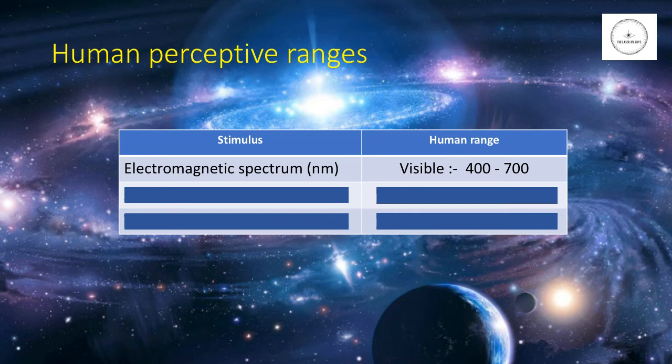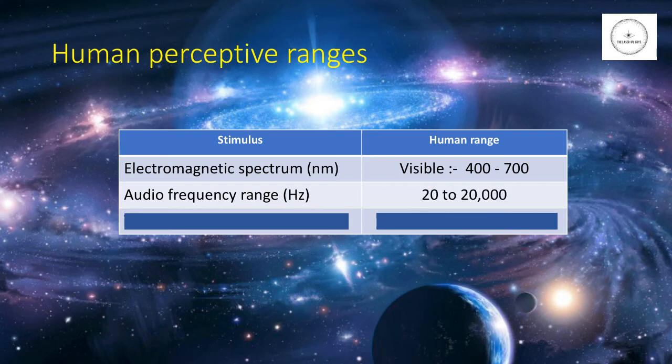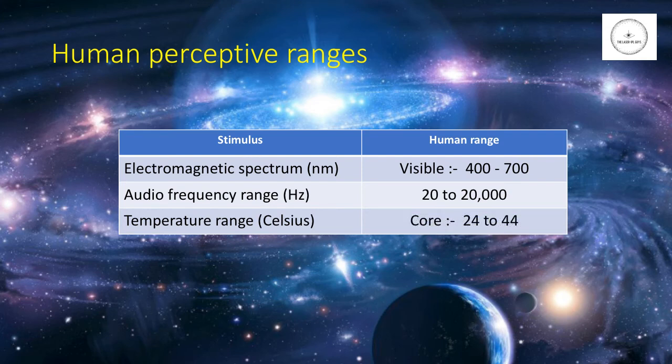In the sound frequency range, most people can hear somewhere between 20 up to 20,000 hertz, although that does change as you get older, and your top end frequencies start to drop significantly. And then the temperature range which your core temperature can tolerate is only between around 24 to 44 degrees. If you go outside those sort of temperatures, then you're not going to last for very long at all.